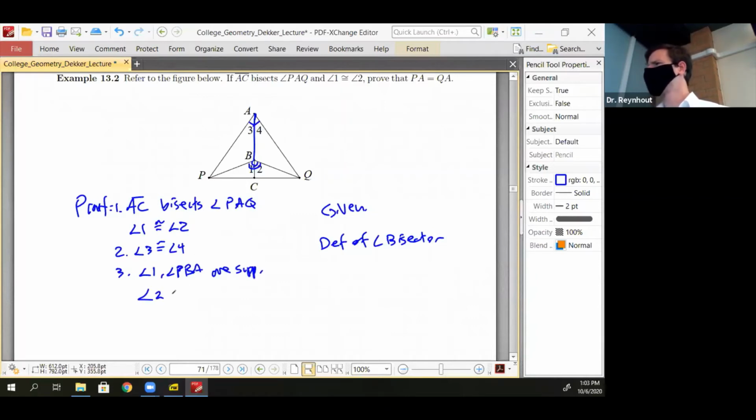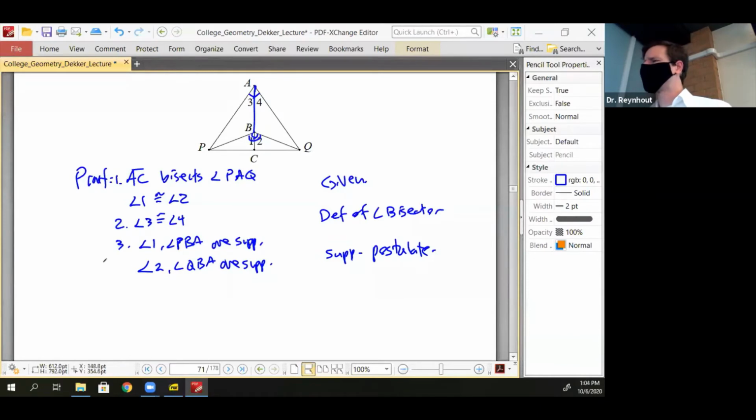Angle 2 and angle QBA are also supplementary. And this one is a postulate, the supplementary angles postulate or something of that sort. Refer to notes if more accuracy is desired.